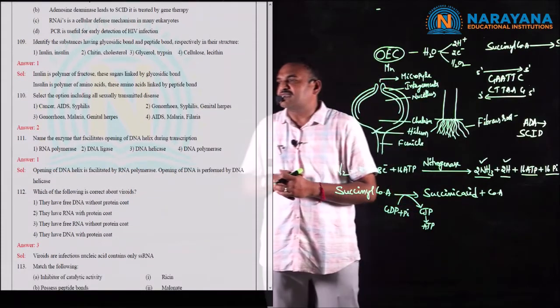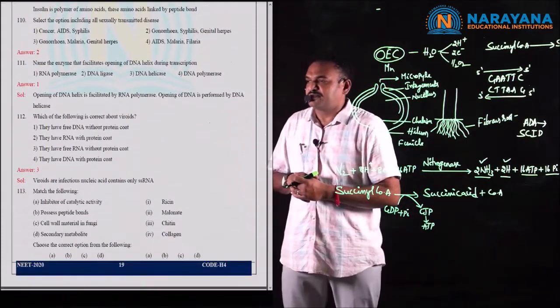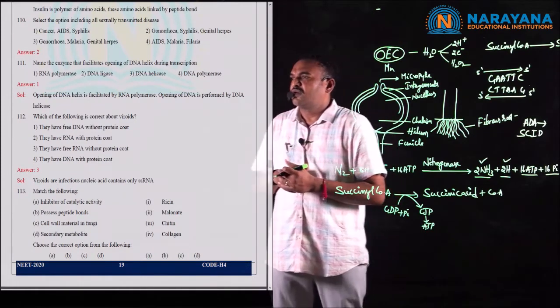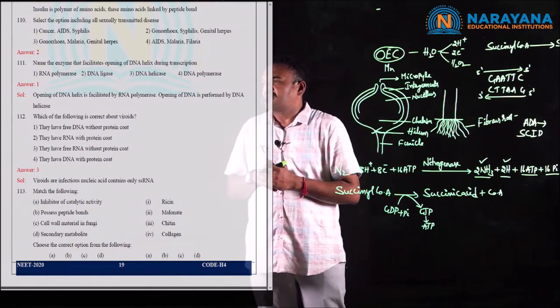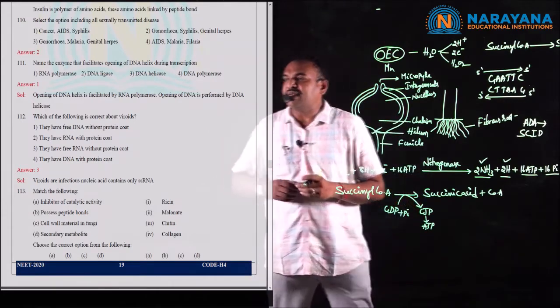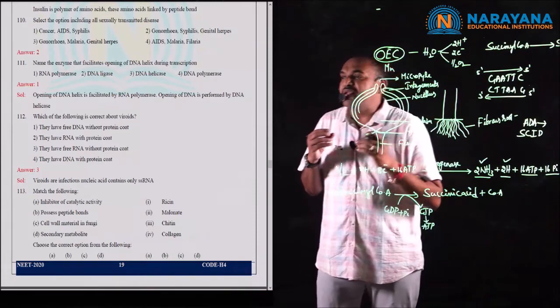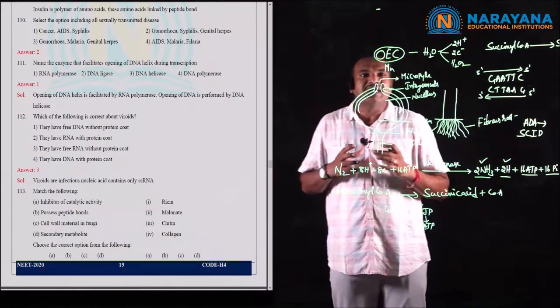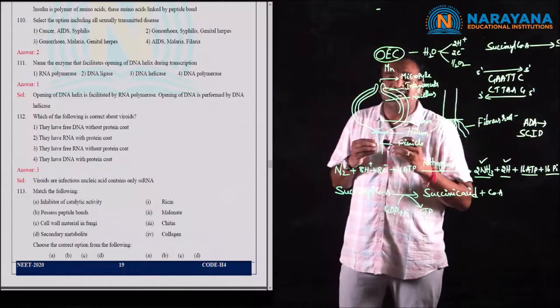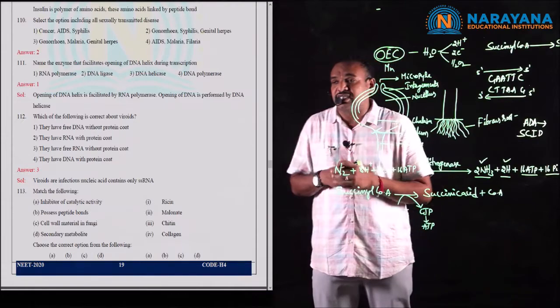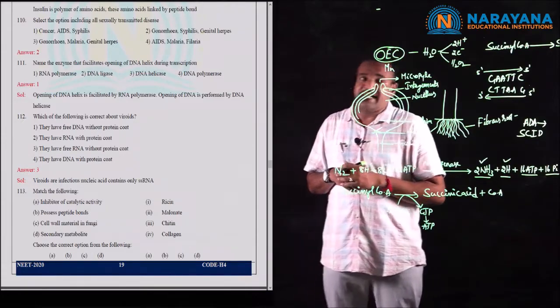And next we discuss question number 111. Name the enzyme that facilitates opening of the DNA helix during transcription. I observed that many students were troubled by this question; they thought the right answer is DNA helicase.